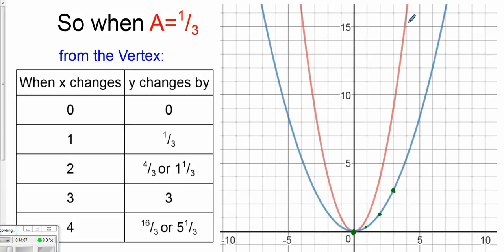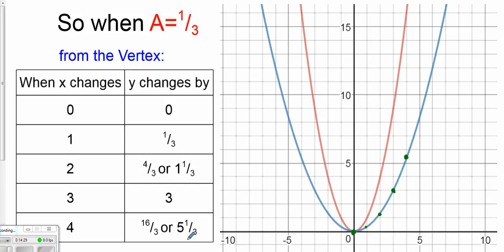Instead of 4 going up 16 way up here, it only goes a third of that, so 16/3 or 5 1/3. So everything is growing a third of the rate. It's only going a third of the way as high. So that's why, again, this blue one, you can see it's a lot wider than the red one was.